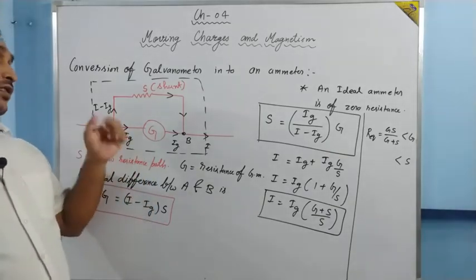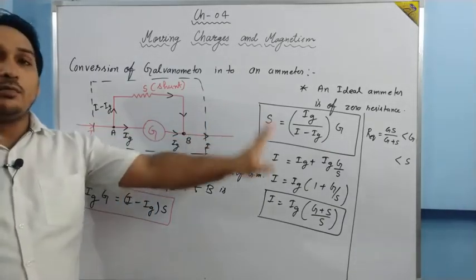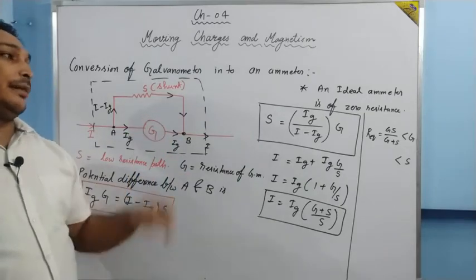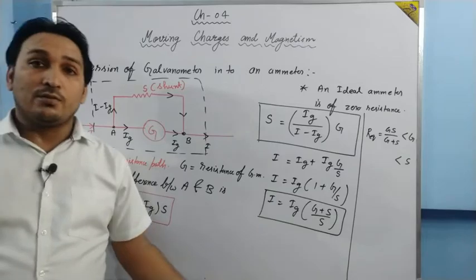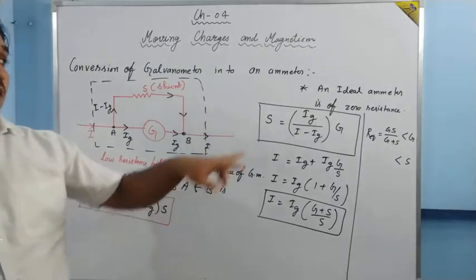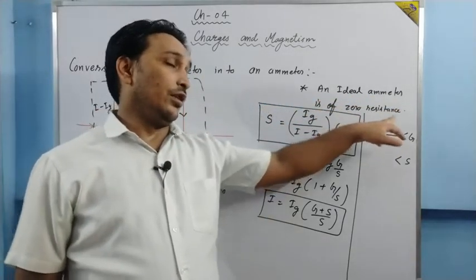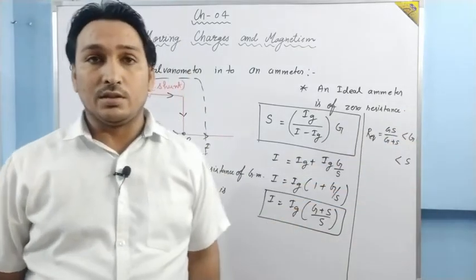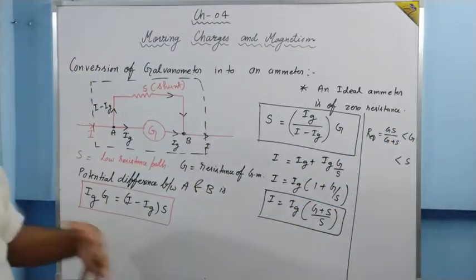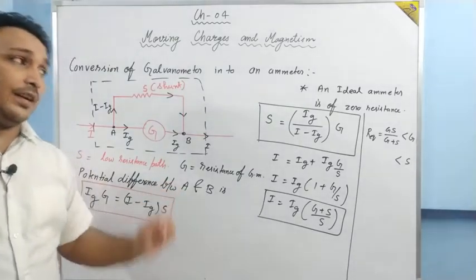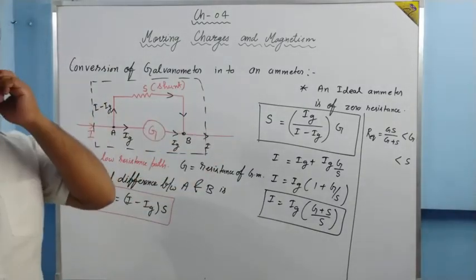So the other purpose is also fulfilled, that an ideal ammeter has zero resistance. We cannot make a zero resistance ammeter, but we can make an ammeter of very low resistance.